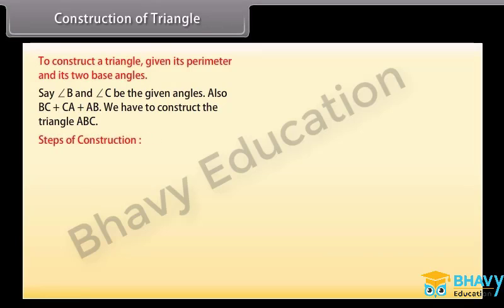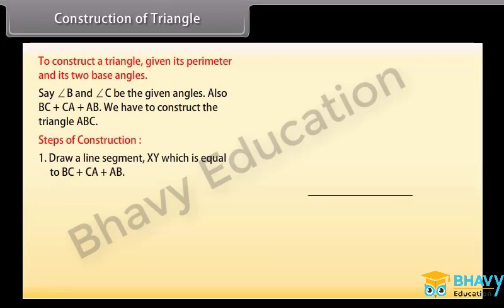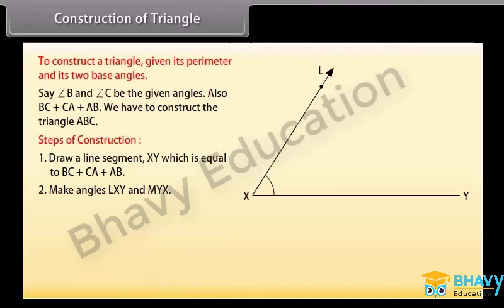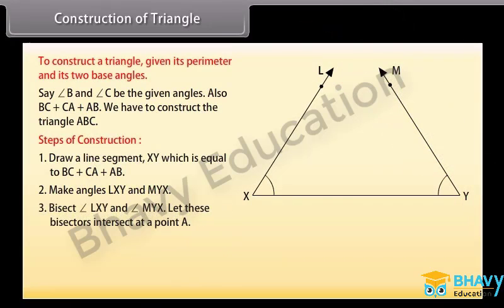Steps of construction. Firstly, draw a line segment XY, which is equal to BC plus CA plus AB. Make angles LXY and MYX. Now bisect angle LXY and angle MYX.